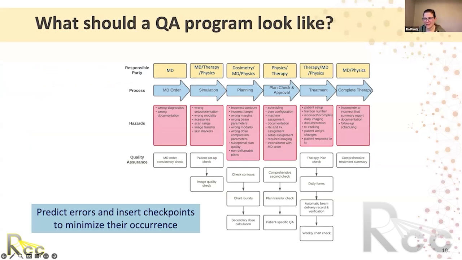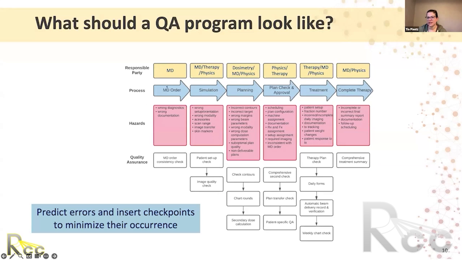All right, so this is a complicated slide, and I encourage you to look back at it in your own time. But this is a diagram of what a QA program might look like. A good way to develop your QA program is to map out the process that you're using.